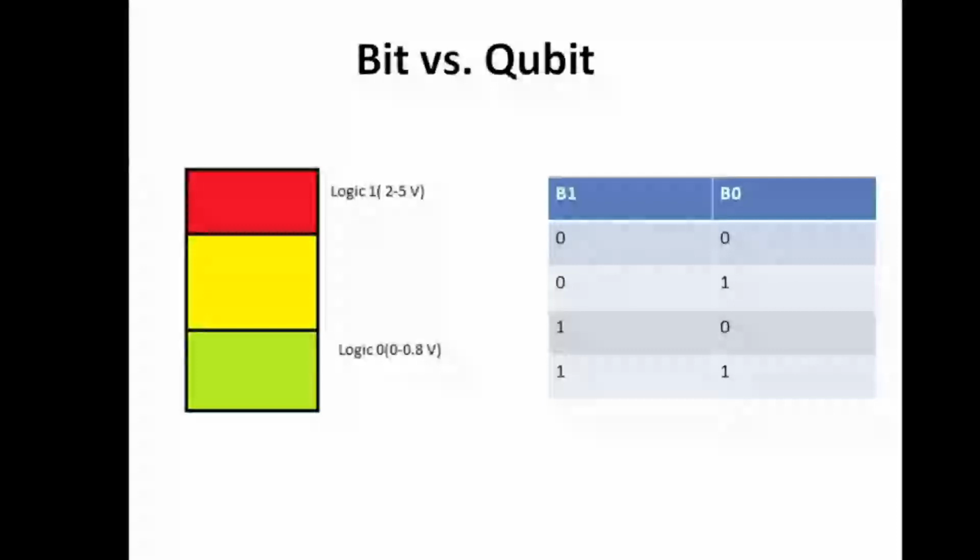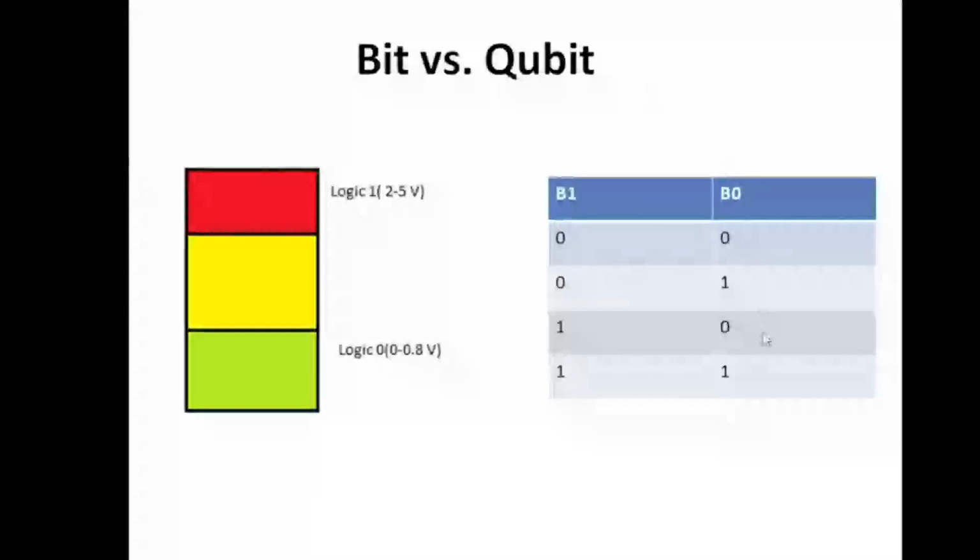Similarly, let's say we are utilizing 2 bits. What are the possible values of these 2 bits? In classical bits, the possible values are 00, 01, 10, 11 for 2 bits to hold. In the case of qubits, if we have just two qubits, they can contain these 4 values at an instant.